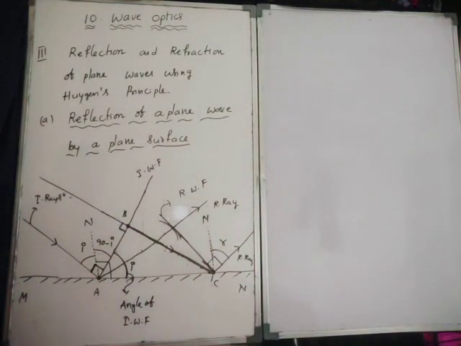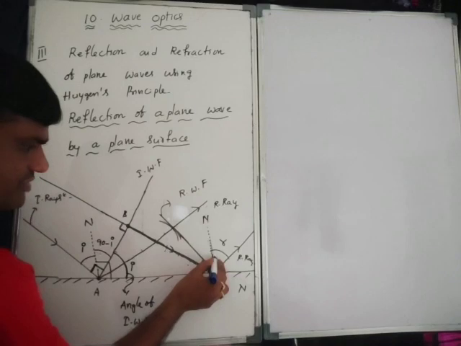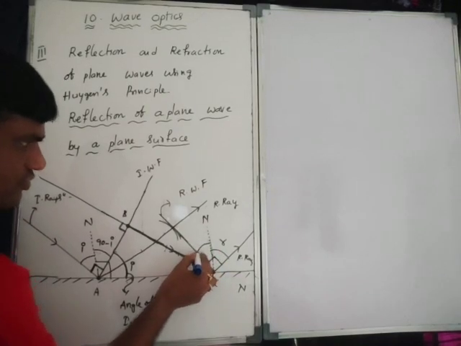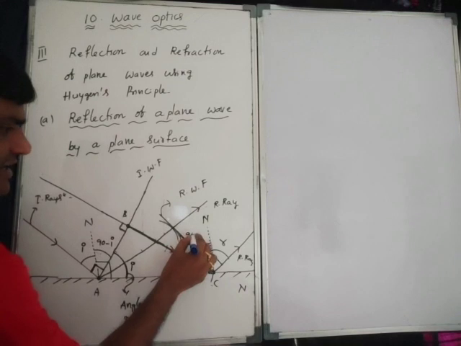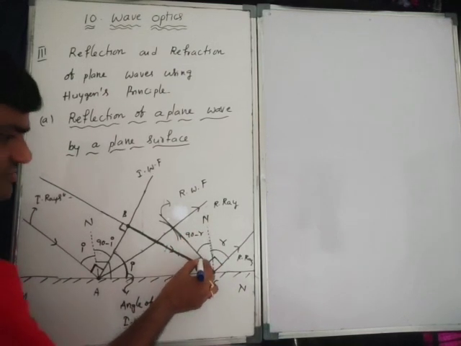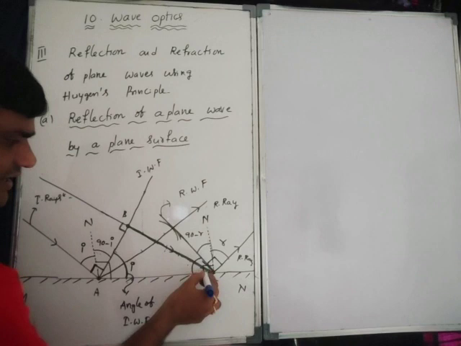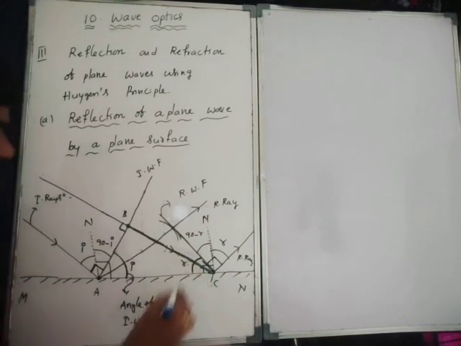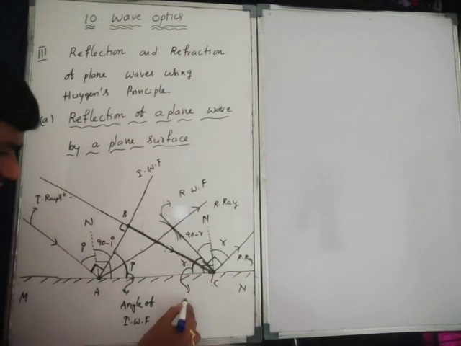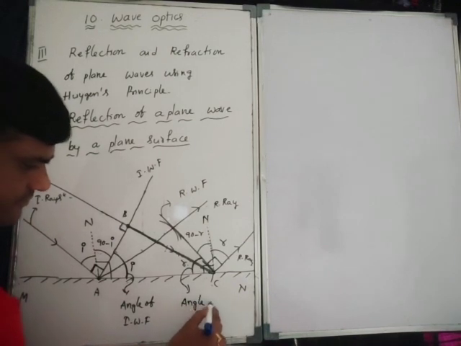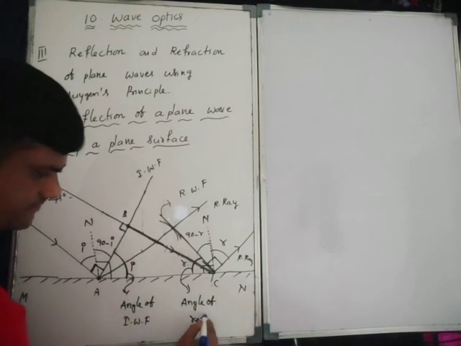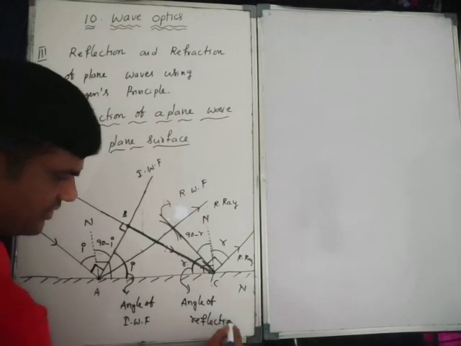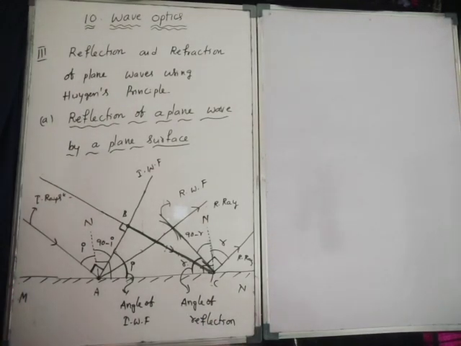From here to here is 90 degrees, therefore this is 90 minus R. The remaining angle from here to here is 90 degrees, so the remaining angle is 90 minus R. So the 90 gets cancelled and R will come. This is the angle of reflection.